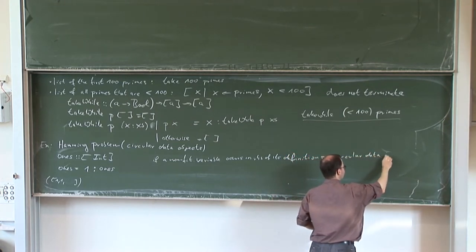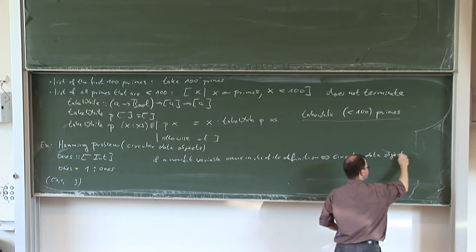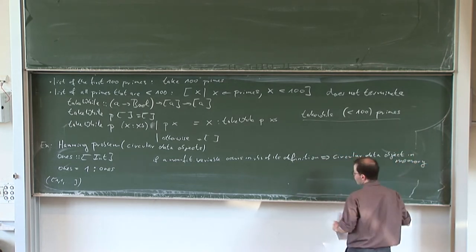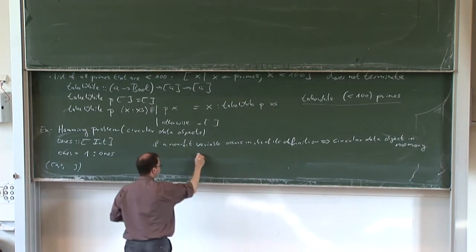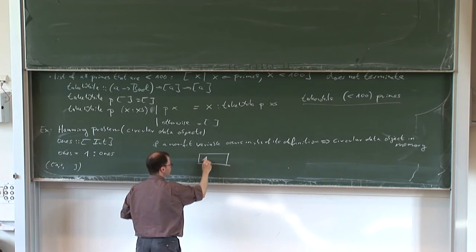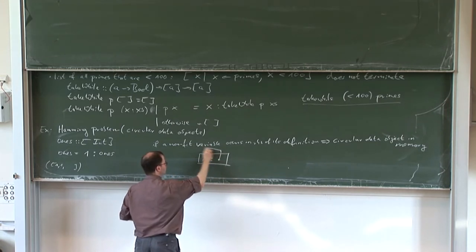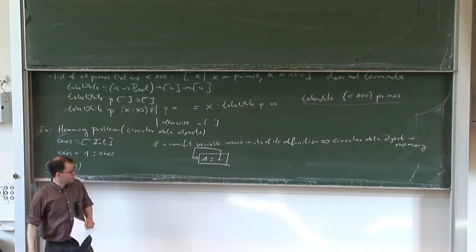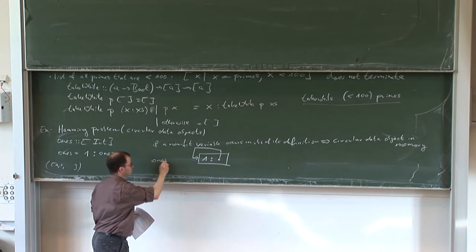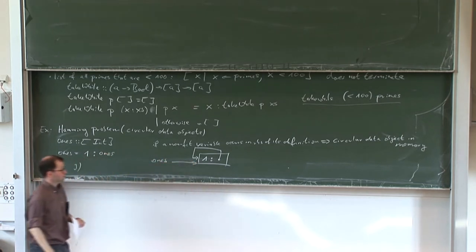This is the internal representation in the memory. You have a certain cell in the memory where you have 1, and then the rest of the list is a pointer which points to itself. And ones would be a pointer to this data object.